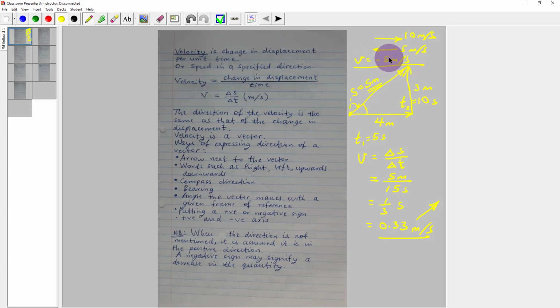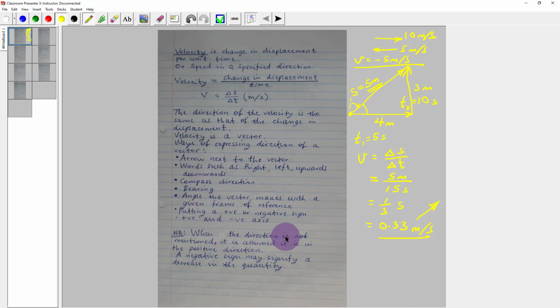When we don't put the arrow and we just say that the velocity is negative 5 meters per second, it is known that this object is moving in the opposite direction to the direction which we are taking to be positive. If we are taking movement to the right to be positive, then movement to the left will carry a negative sign. These are the ways in which you can give the direction of a vector.